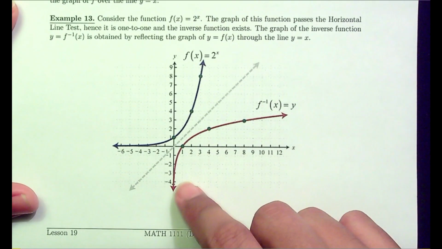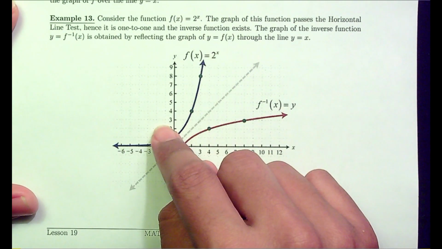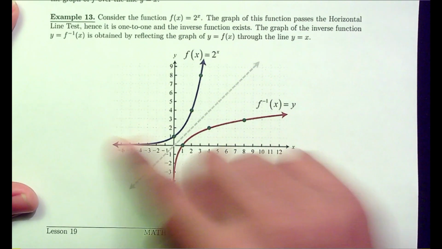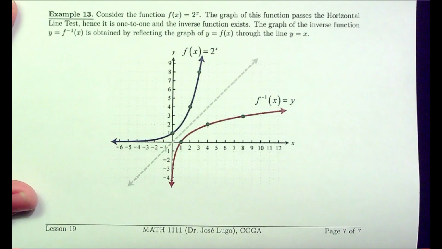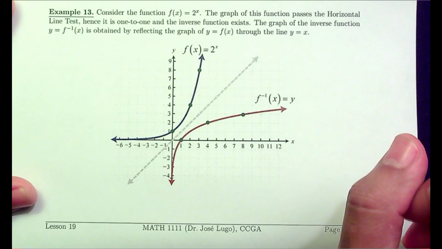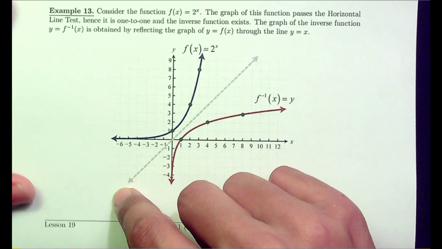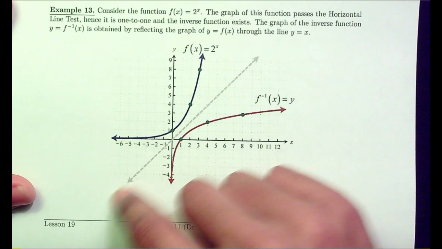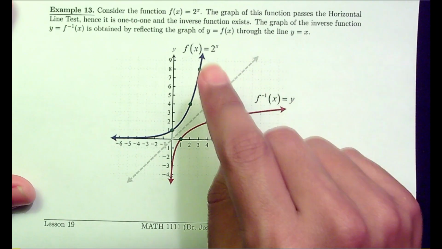So for example, let's say I have this function right here, the black one. If you look at that, this function passes the horizontal line test. It is injective and is going to have an inverse function. So the graph of the inverse function is exactly the same, but is a mirror image.